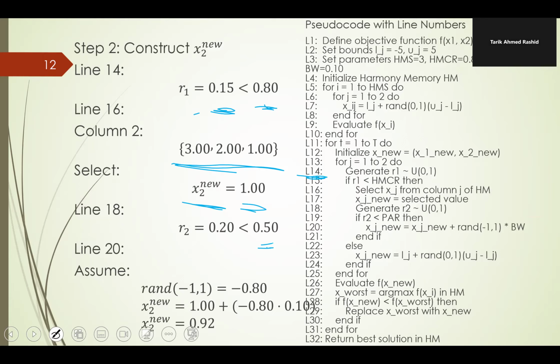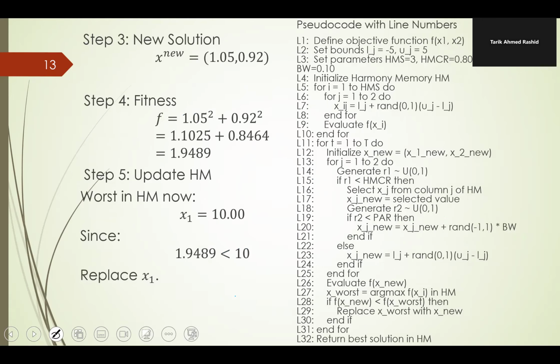Then we implement this equation: random between -1 and 1, which is minus 0.8, multiplied by the bandwidth 0.1, plus the new solution, which is 1. So now the new solution is 0.92.